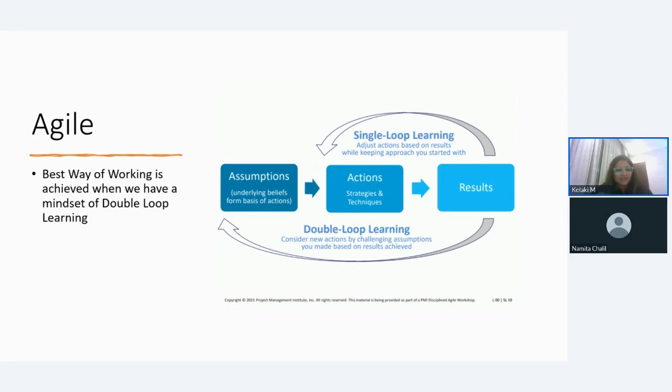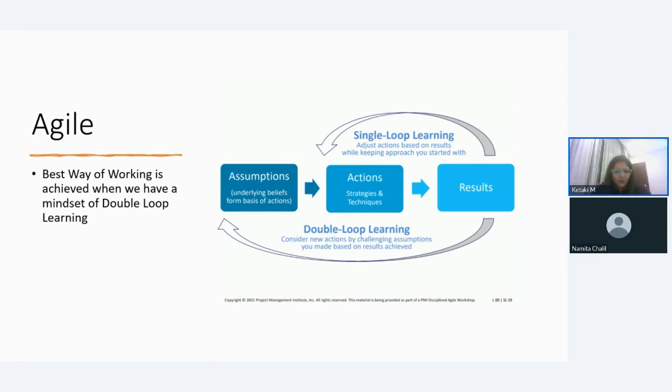We have challenged our assumption, and we are not stuck on a particular framework to be successful, but rather we are taking two more steps in adjusting the framework in order to have successful outcomes in our projects and programs.